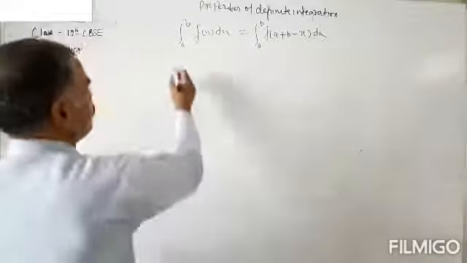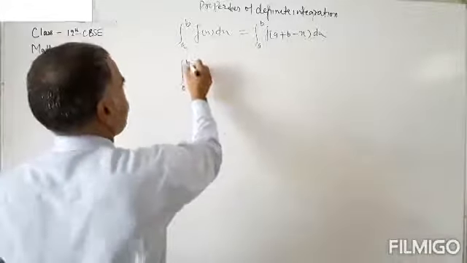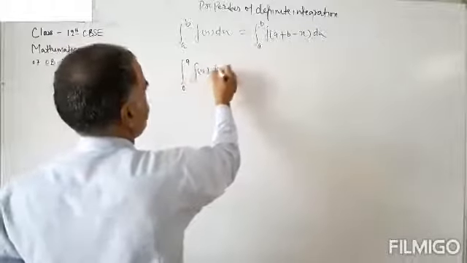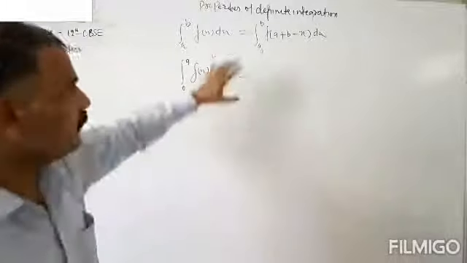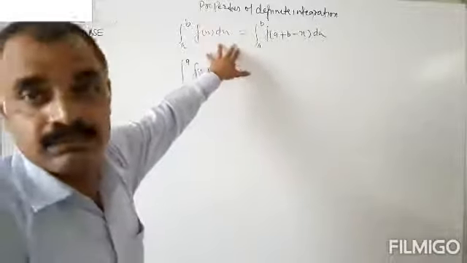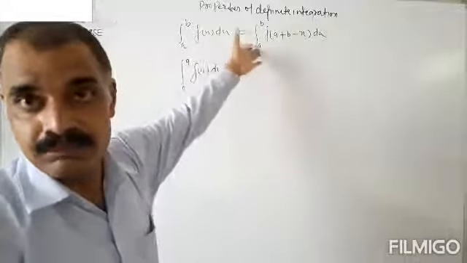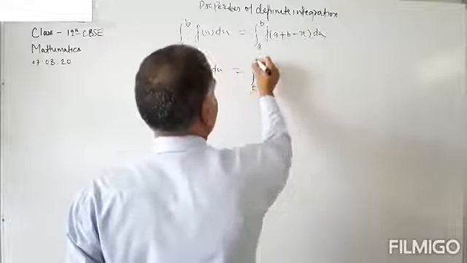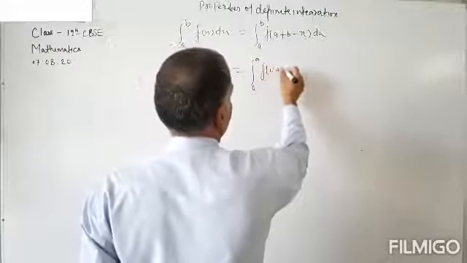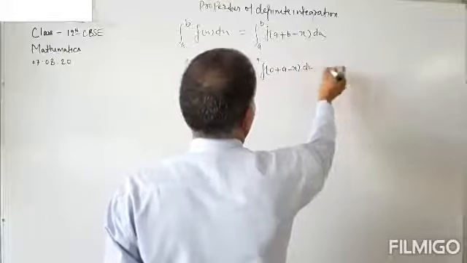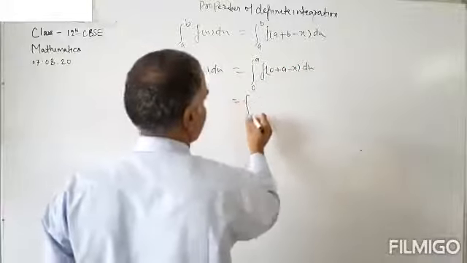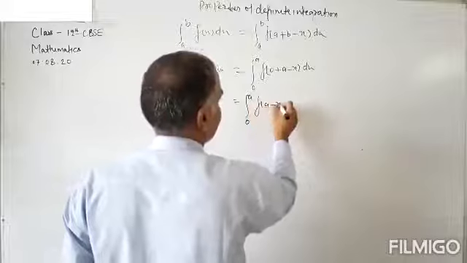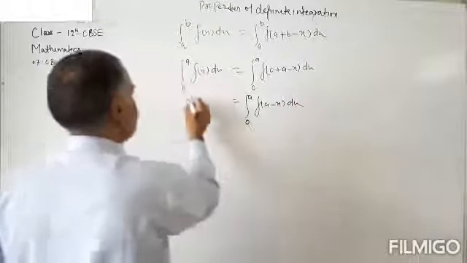Okay, so next property is integral 0 to a f(x) dx. The next property is a particular case of the previous property. That is, this is equal to integral 0 to a f(0 + a - x) dx, that is equal to integral 0 to a f(a - x) dx.